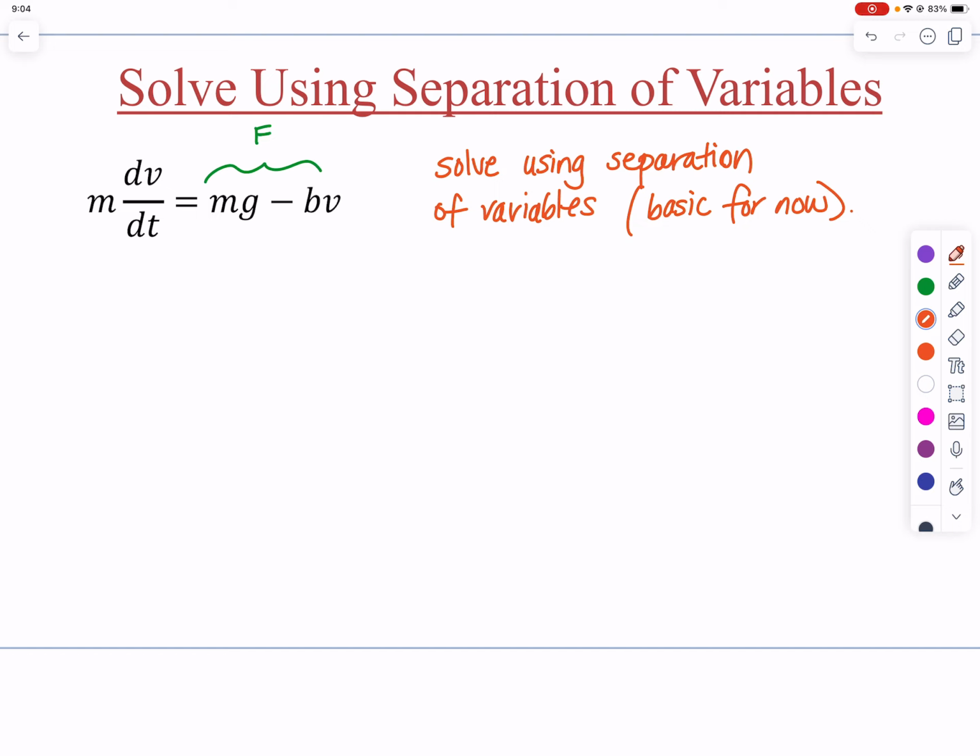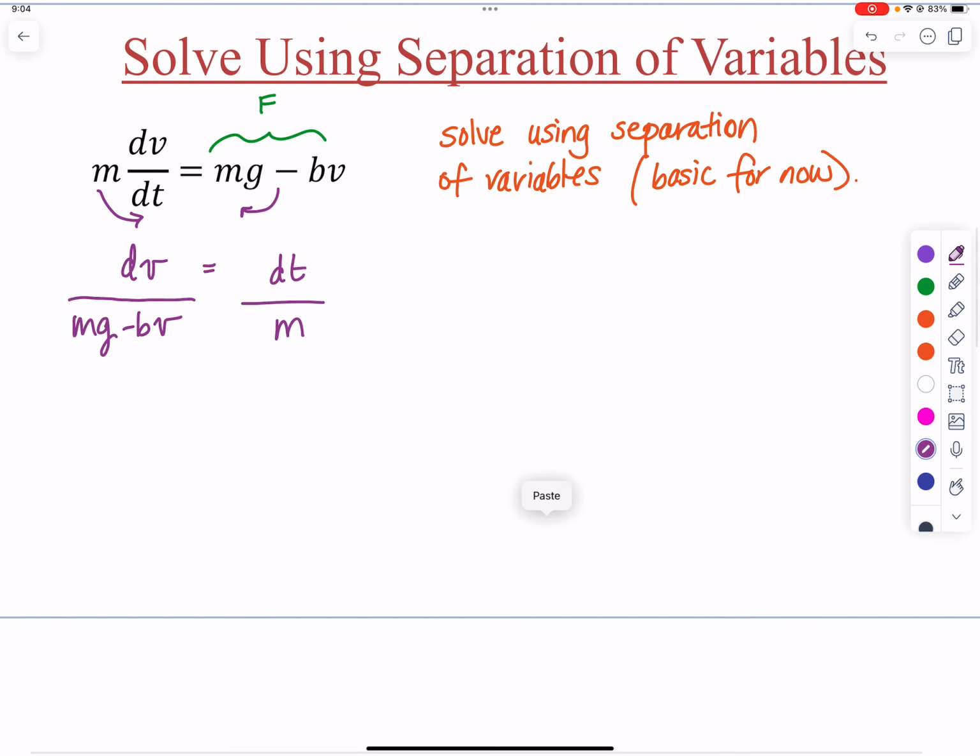So let's go ahead and treat the dv and the dt as differentials and separate those. So we'll have dv and we'll have dt. Now, let's divide both sides by mg minus bv, moving that to the left-hand side, and then divide both sides by m, again moving that m over to the right-hand side.